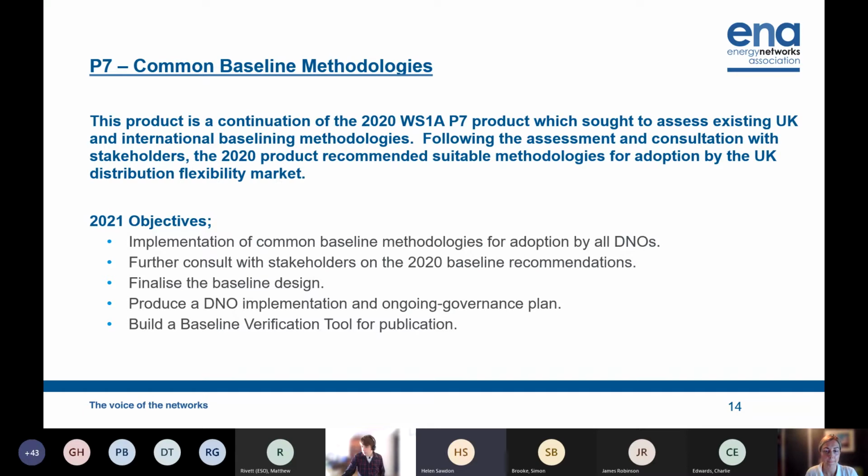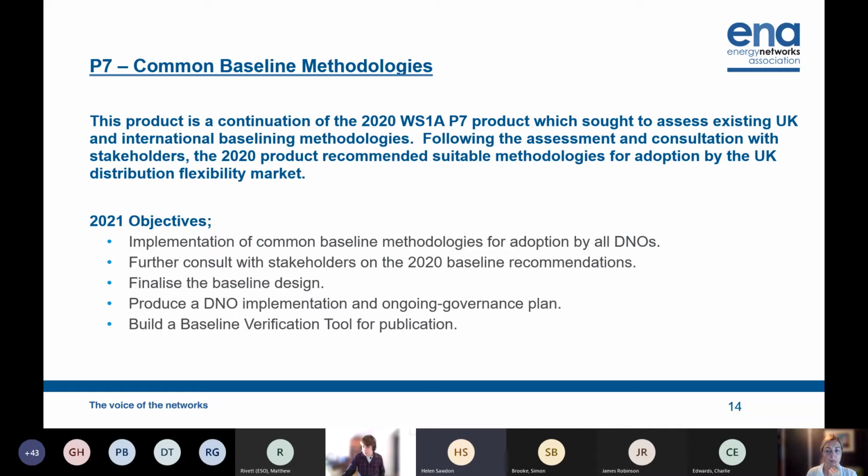We wanted to look at existing practice both in the UK and overseas. And following the assessment that we did and consultation with stakeholders at the time, the 2020 project recommended a suite of suitable methodologies that could be adopted by the UK distribution flexibility market.